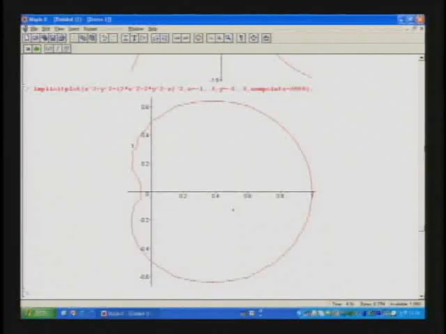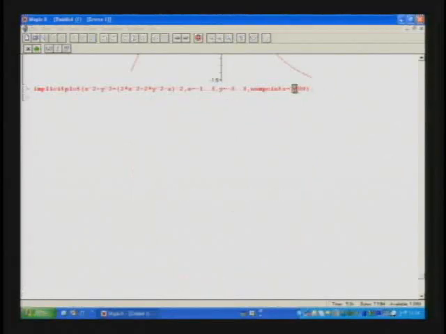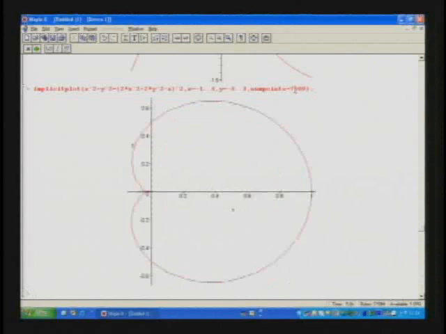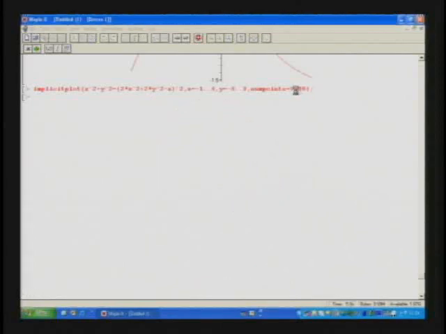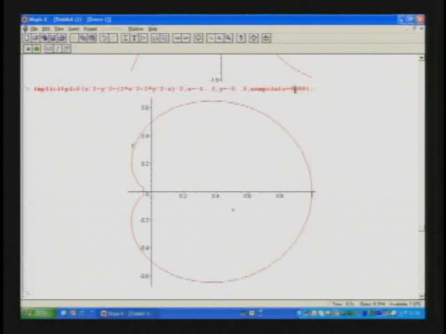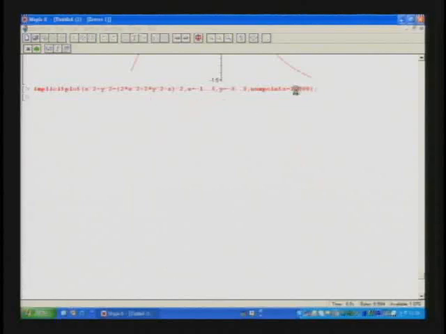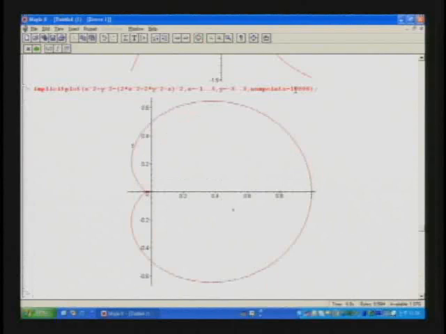Even more points. Not enough. Not enough. Maybe more. Okay, now it already looks quite okay.